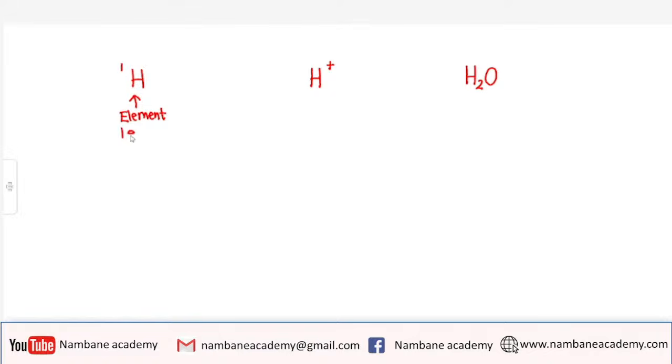Therefore, it has 1 electron and 1 proton, and its name is hydrogen. Right? Then this one here is an ion. It is a positive ion. Therefore, we are calling it a cation, right? What is its name? It is a hydrogen ion.